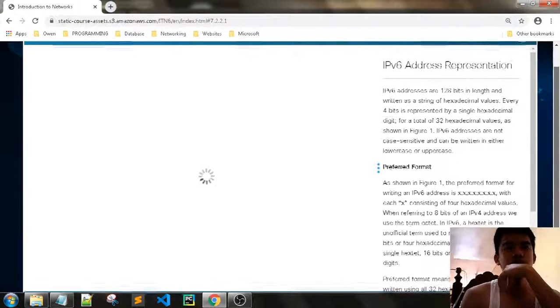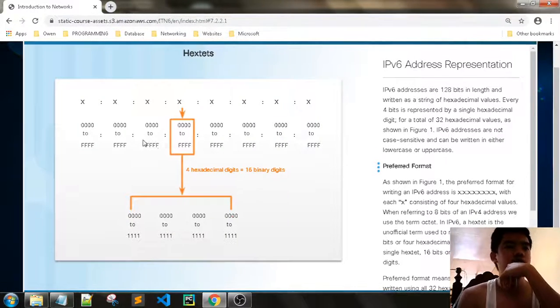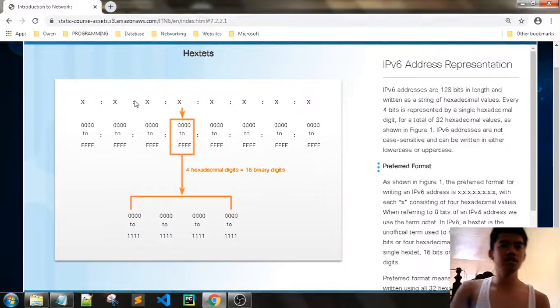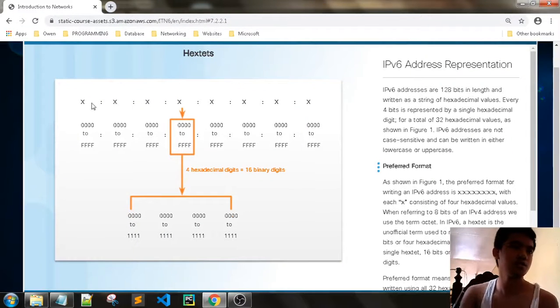IPv6 representation. We have 128 bits. Each X here represents 4 hexadecimal digits or 16 binary digits, so a total of 128 binary digits.